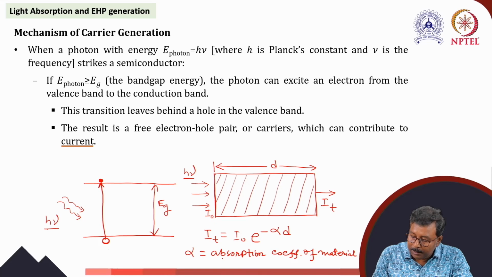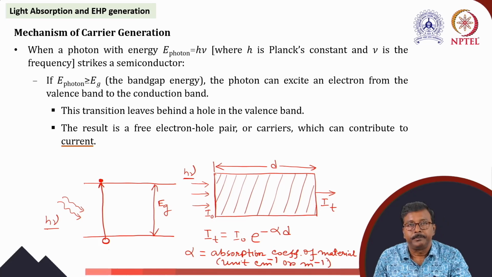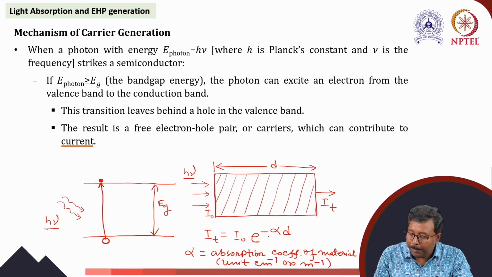And its unit is either centimeter inverse or meter inverse. Alpha high stands for the rate of decrement of intensity will be more. More and more light will be absorbed.